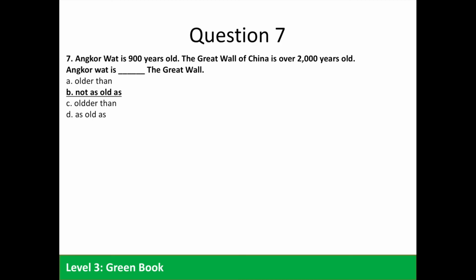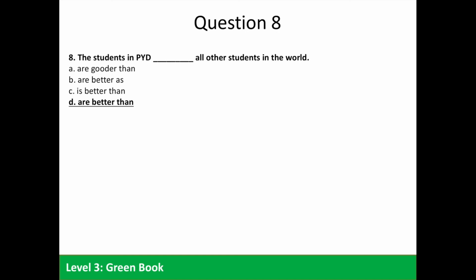The Great Wall of China is over 2,000 years old. Angkor Wat is blank the Great Wall. Again, here, there is clearly a difference. So B, not as old as, is the correct answer. Question 8. The students in PYD blank all other students in the world. Again, of course, this one should be easy. D, are better than, is the correct answer.